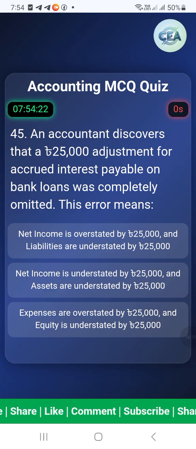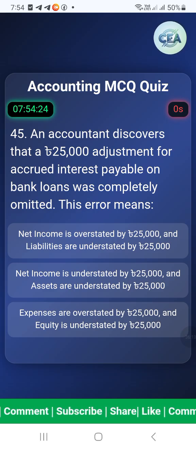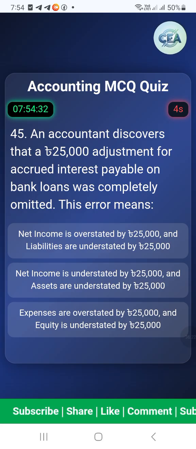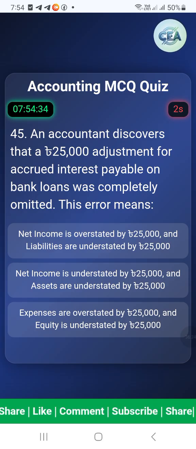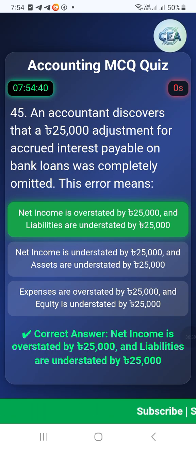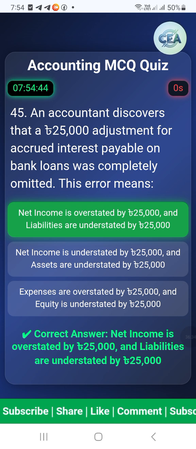Option 3. Expenses are overstated by 25,000 takas, and equity is understated by 25,000 takas. Correct answer is net income is overstated by 25,000 takas, and liabilities are understated by 25,000 takas.